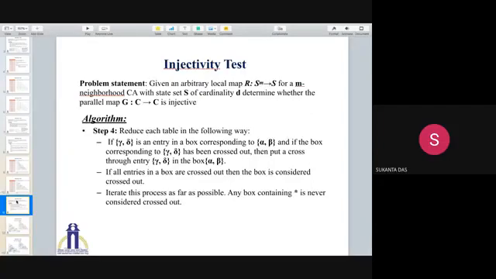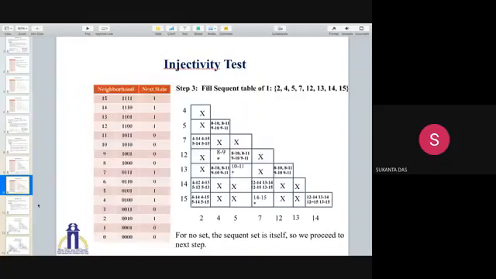See, if gamma delta is an entry in a box corresponding to alpha beta, and if the box corresponding to gamma delta has been crossed out, then put a cross through gamma delta in the box alpha beta, right? So go back to this example. Here you see 2 and 12 is crossed out, 2 and 13 crossed out.